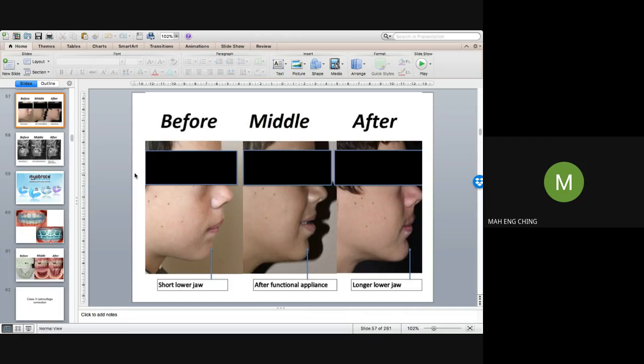Maybe I will think of other topics I think you should know before you go into private practice. If that's okay with you, or you want to know how to become an orthodontist, then maybe we can talk about it also. Because I don't know what to teach you anymore. I think I cover all the topics.